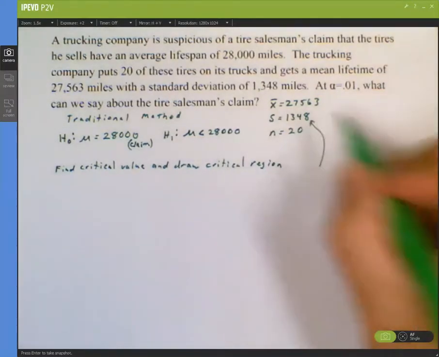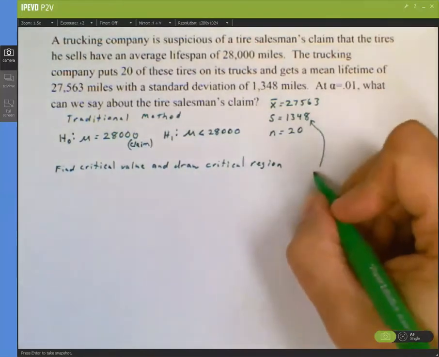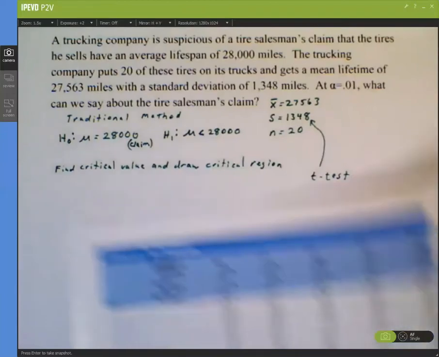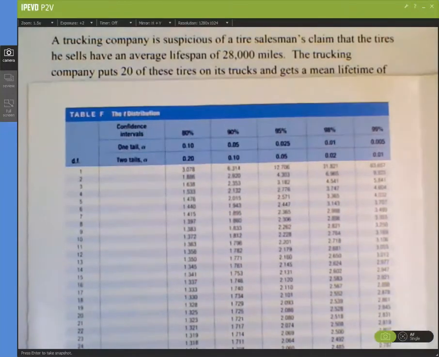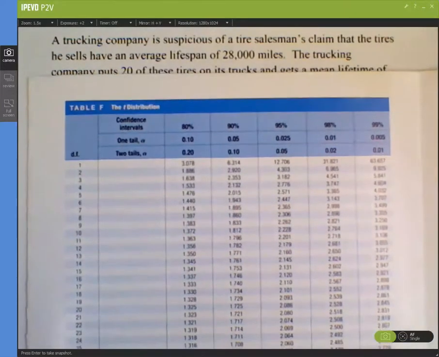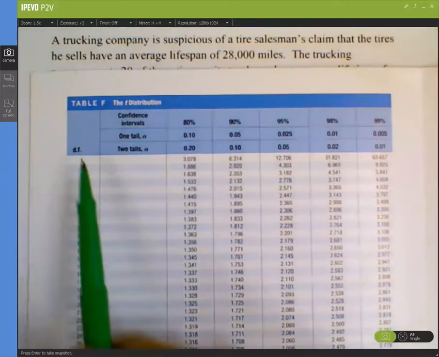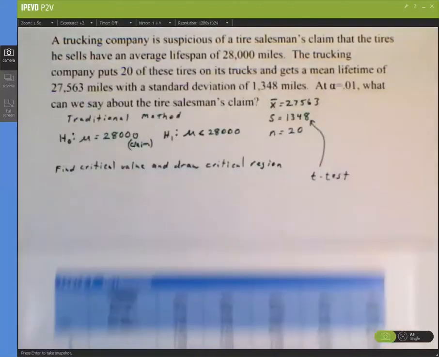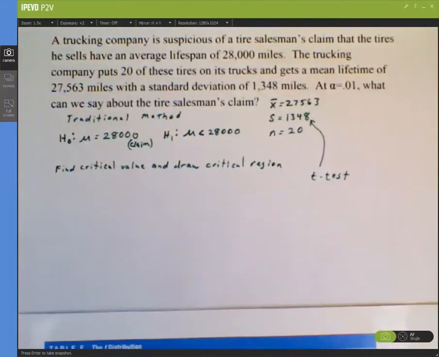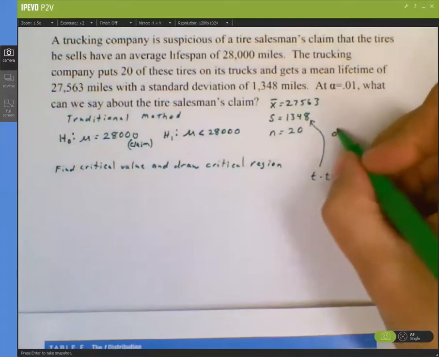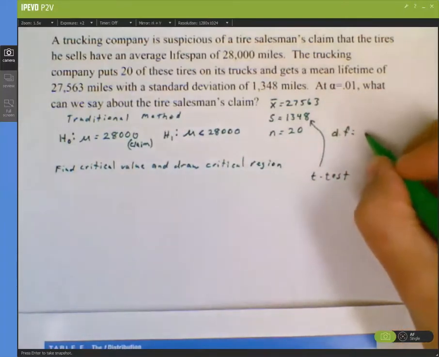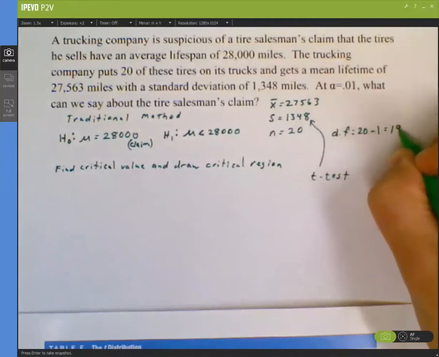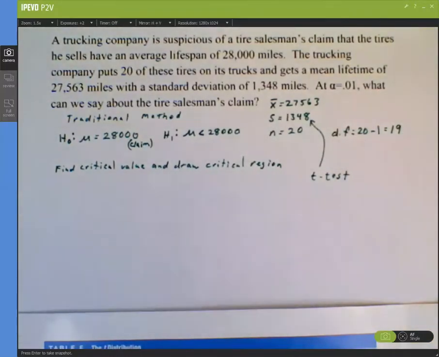Well, we can see we have our sample standard deviation, so we are going to do a t-test. We'll need table F, our t-distribution. Now one thing we'll notice here is we need the degrees of freedom number. How do you find the degrees of freedom? Degrees of freedom is n minus 1. So in this case, it is 19. We have 19 degrees of freedom.